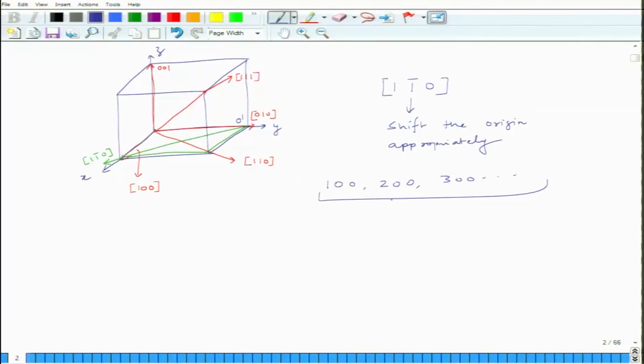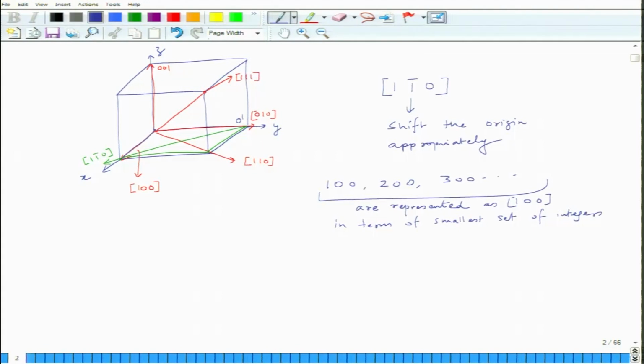So they are all represented as 1 0 0, basically in terms of the smallest set of integers.